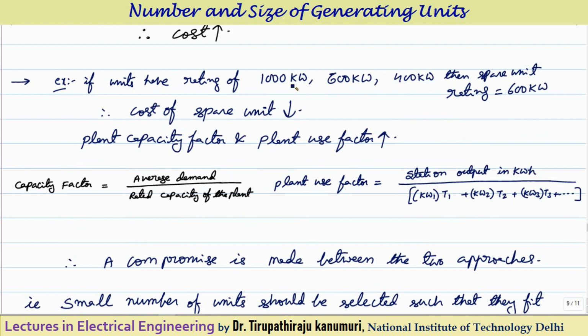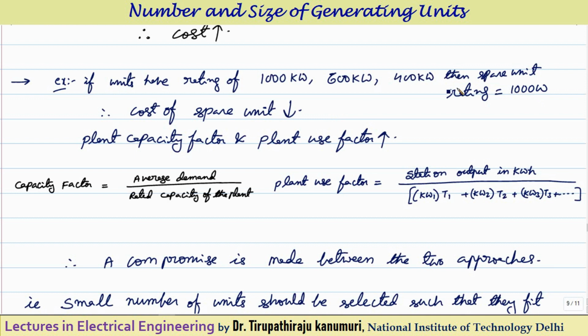Now we have to maintain one spare unit. What will be the spare unit capacity? It will be equal to the largest rating among these generators, that is 1000 kilowatt. That means the spare unit required is only 1000 kilowatt, compared to a 2000 kilowatt spare unit if you are taking a single unit.